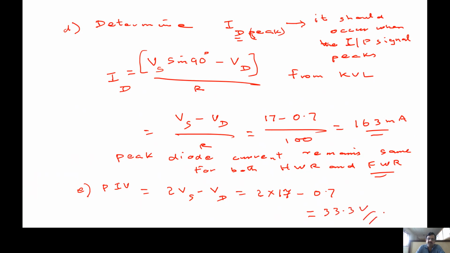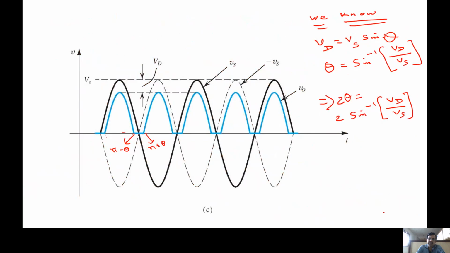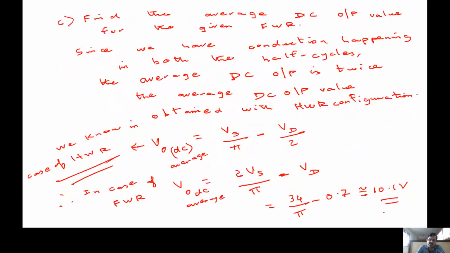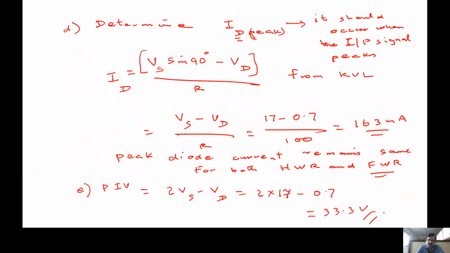Look at the peak inverse voltage with this one, it is simply Vs only. So Vs is 17 volts, whereas with this one it is 33.3. So peak inverse voltage is quite high, which means the possibility of entering the breakdown region, if you don't choose the proper diode for the circuit parameters that you have chosen, it could be a little tricky.